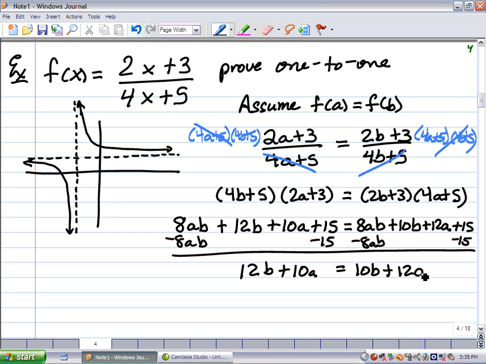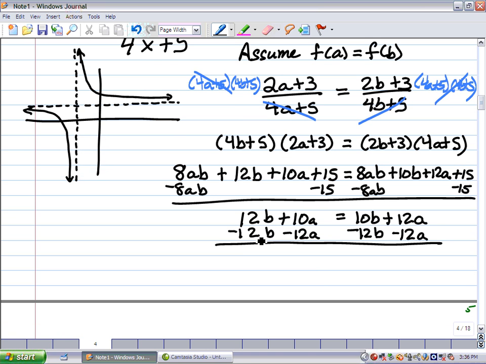Well, let's get the a's and b's on the same side. So let's subtract 12b from both sides, and let's subtract 12a from both sides. So I'm doing the same to both sides, so I can do that.